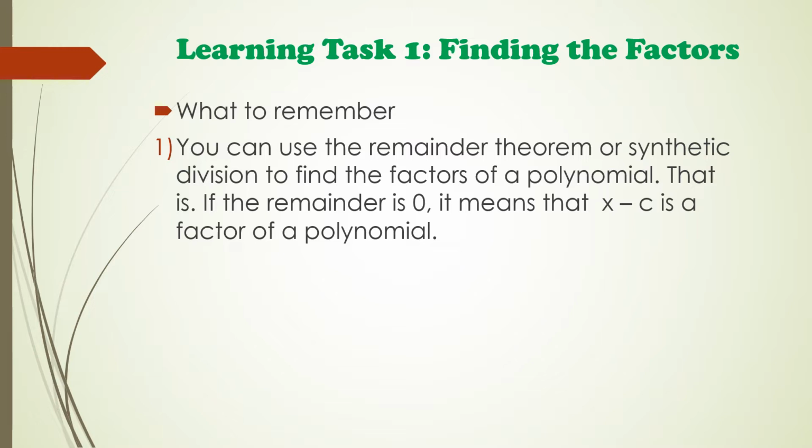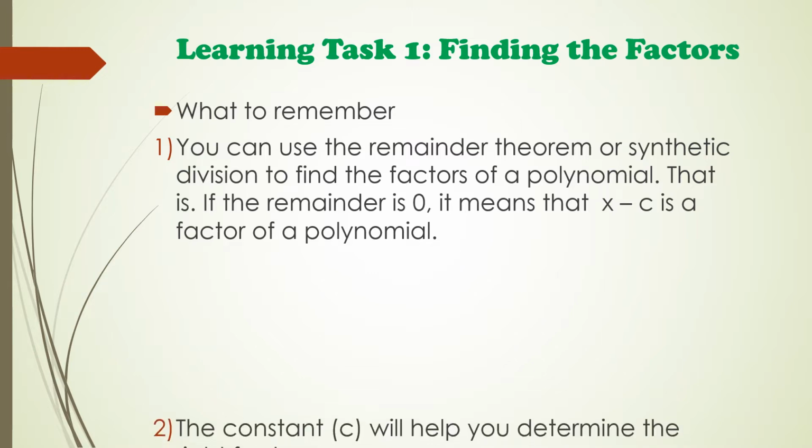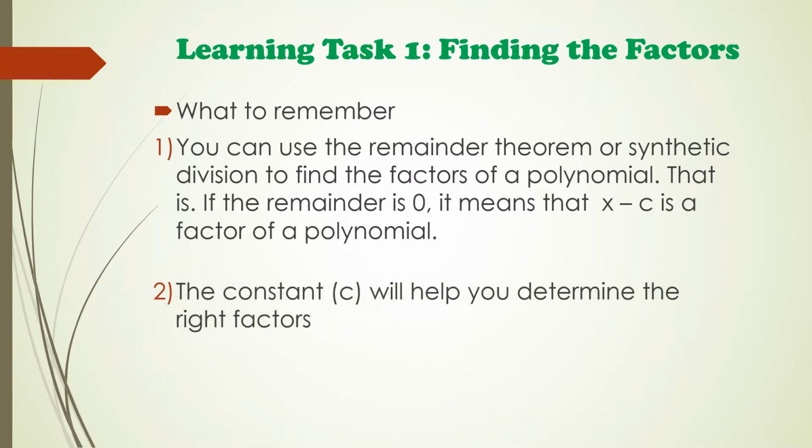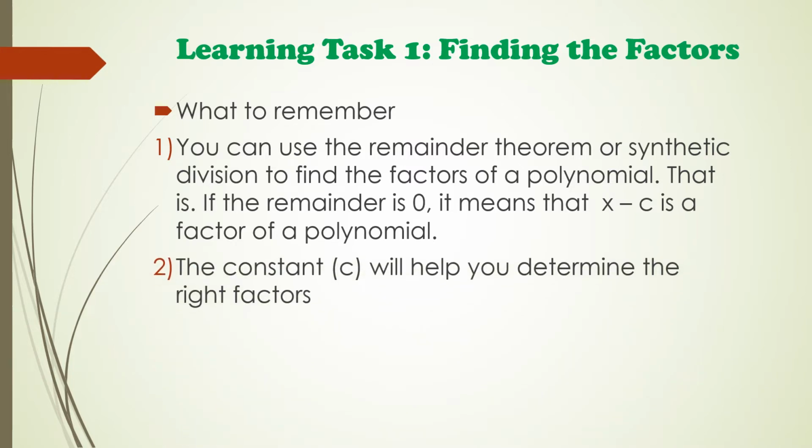That is, if the remainder is 0, it means that x minus c is a factor of a polynomial. Second, the constant c will help you determine the right factors. When we speak of constant, these are the fixed numbers, the specific numbers without variables.